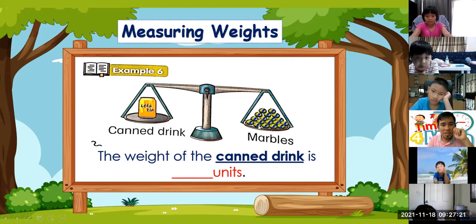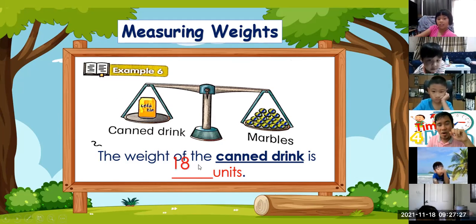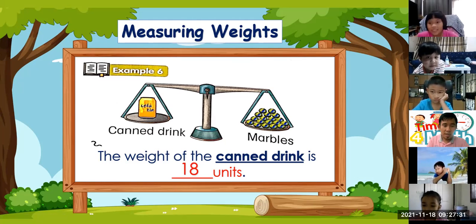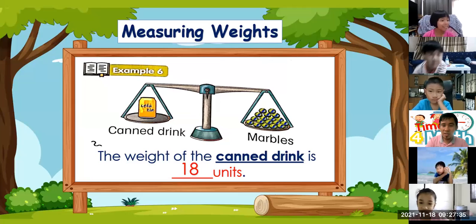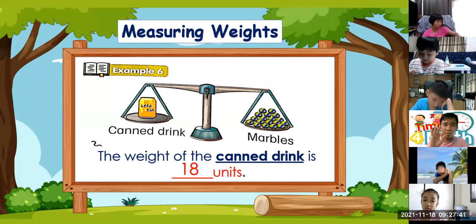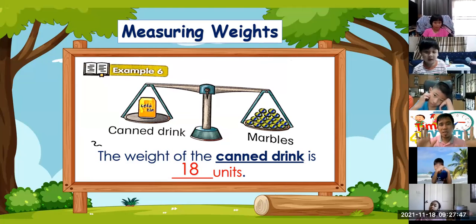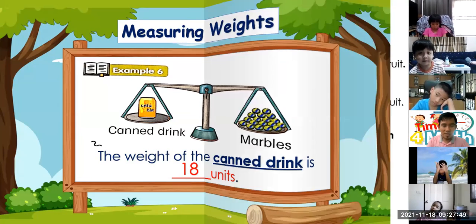How many marbles can you see here? There are 18 marbles. That means 18 units. So the weight of the canned drink is 18 units because there are 18 marbles. 1 marble, 1 unit. 2 marbles, 2 units. 3 marbles, 3 units. 5 marbles, 5 units. 10 marbles, 10 units.